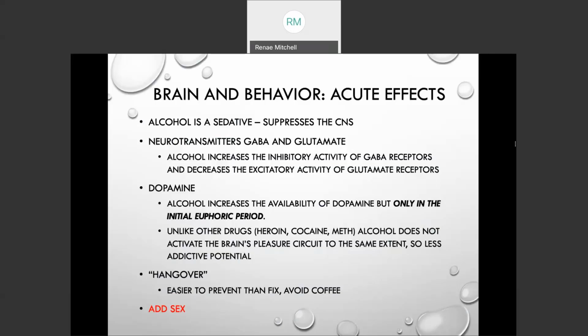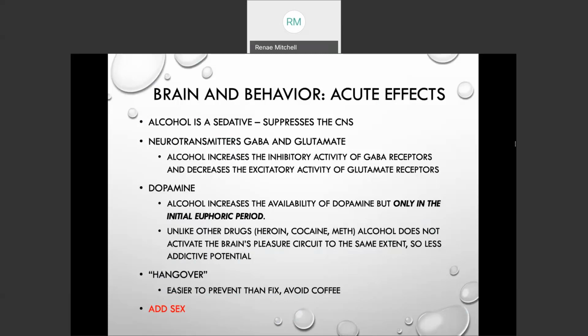Hangovers are experienced as alcohol is being broken down by the liver. So again, that substance that the liver turns alcohol into before it's ultimately metabolized is so toxic that it also starts to create hangover effects.